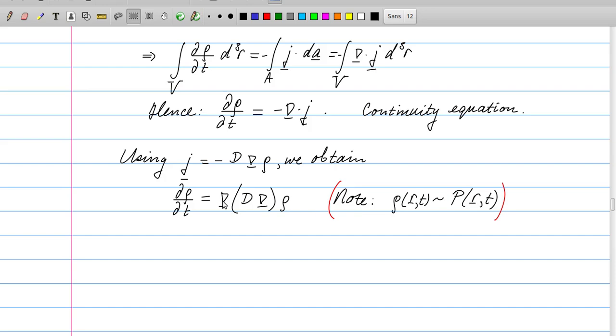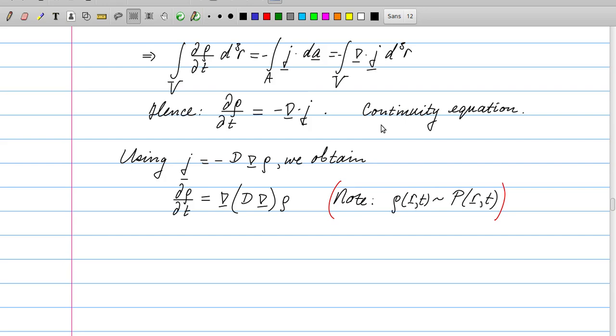And so you see that if you plug in P, the probability to find a particle somewhere, then that also satisfies the diffusion equation, which we have now derived in two ways. The way that we have just seen was using Fick's law that we derived first in quite some detail.